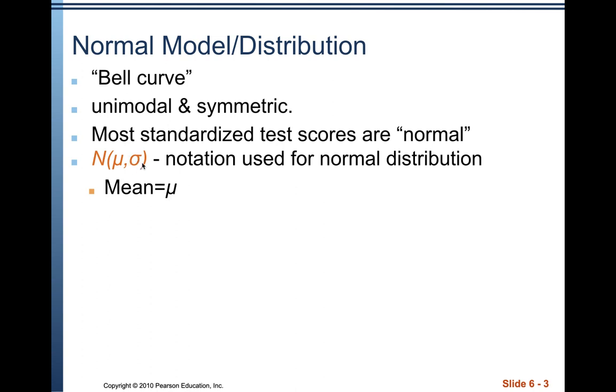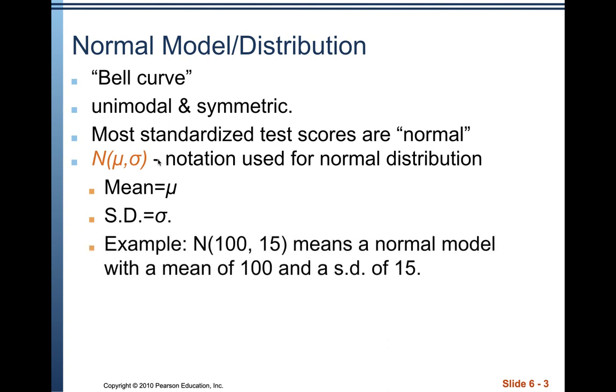And this one right here is the Greek letter sigma, and that is the common notation that is used for standard deviation. So whenever you see this notation, here's an example. Whenever you see that notation, the number that's first given is your mean, and the second number that's given is your standard deviation.